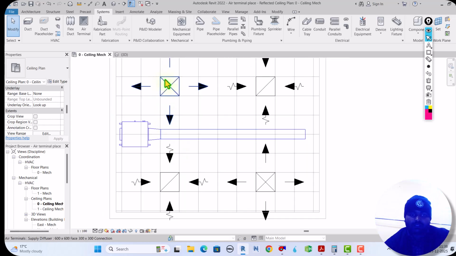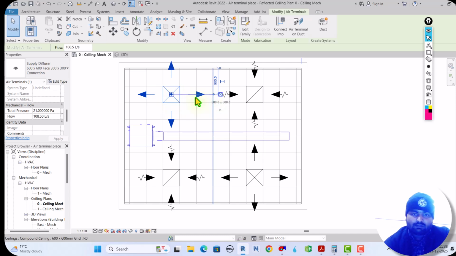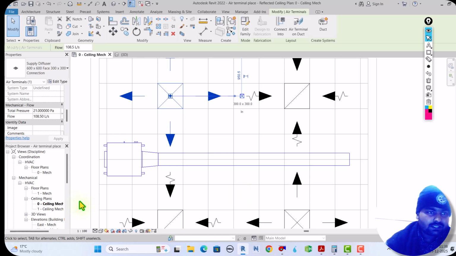Okay, now I have to connect the branch. See, the 600 into 600 is the face size of this air terminal. I already explained the air terminal session, and 300 into 300 is the neck size. Neck size means that size will connect with the duct. Here 300 by 300 will connect with the duct.